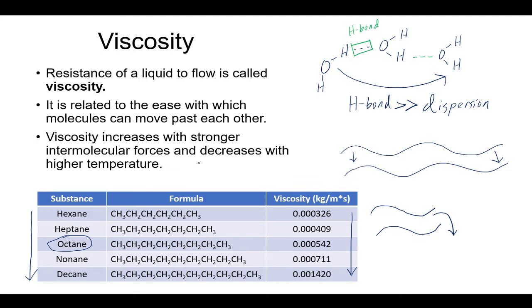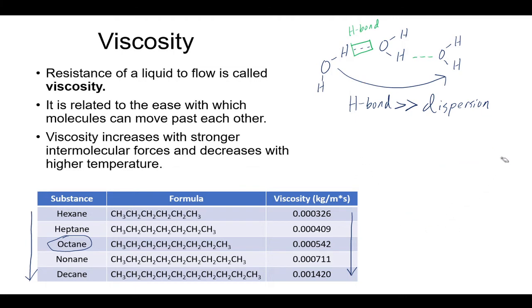Okay, so that's viscosity. Its resistance to flow will increase with the stronger intermolecular forces. So you could compare something like water with propylene glycol as well. Propylene glycol, actually let's look at glycerol. Glycerol looks like this molecule. It has some carbons, but it has these OH groups.